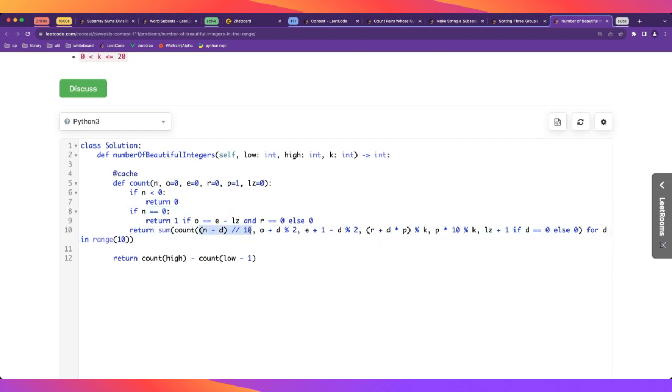Here you should think about this expression. If you think about it, when d is less than or equal to the least significant digit of n, then it is essentially just dividing by 10, dropping the least significant digit, which means that you continue with the next digit on D. However, if D is greater than the least significant digit of N, then this is equivalent to divided by 10 and then subtracted 1.